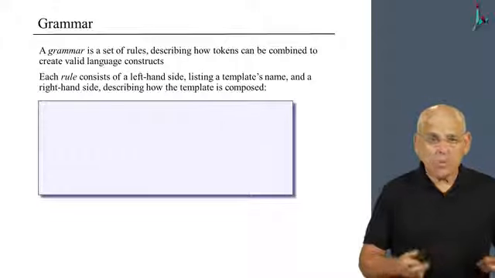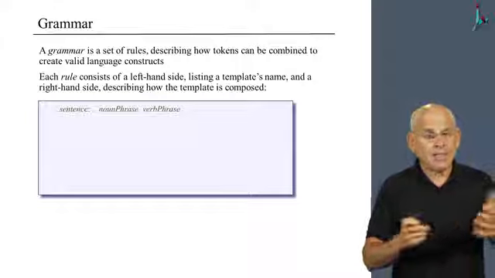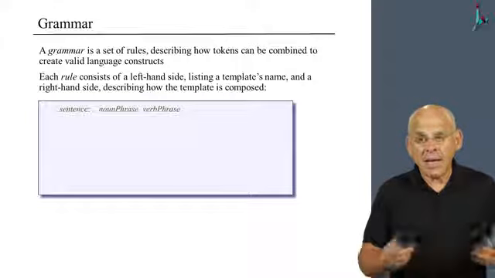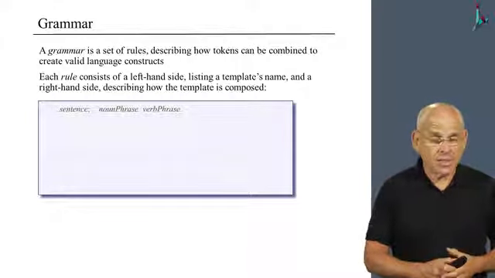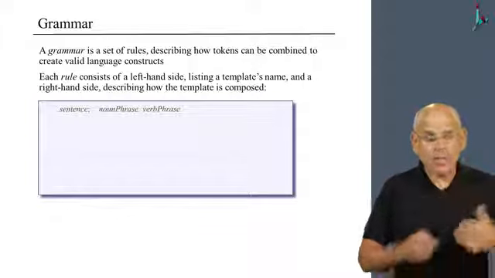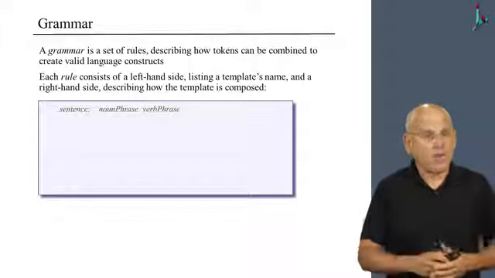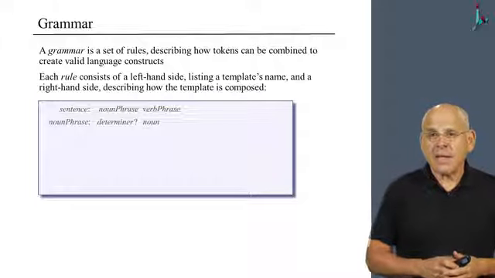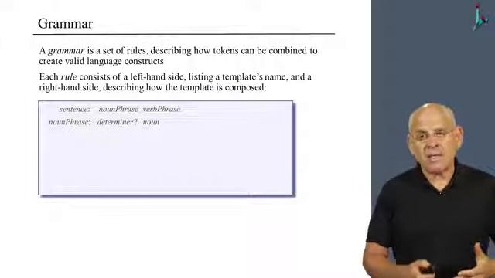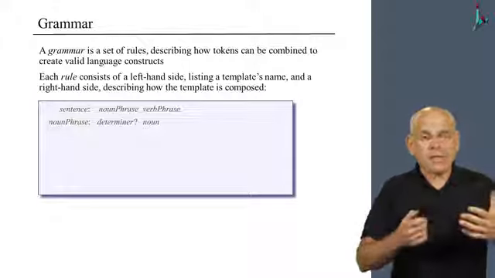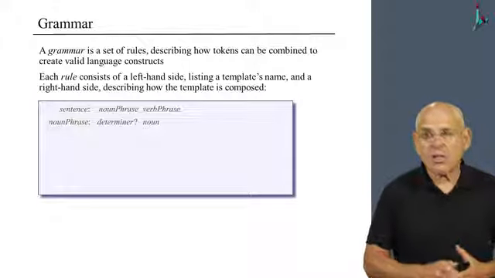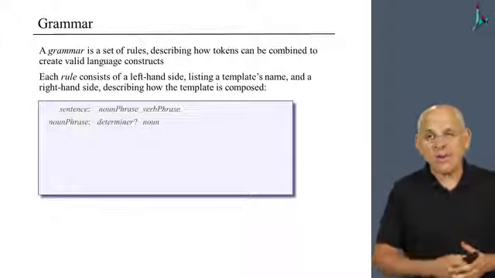So, for example, what we see here is a subset of the English language. In English, we have sentences. And each sentence is a noun phrase followed by a verb phrase. What is a noun phrase? Well, a noun phrase is a possible determiner, which is optional, followed by a mandatory noun.